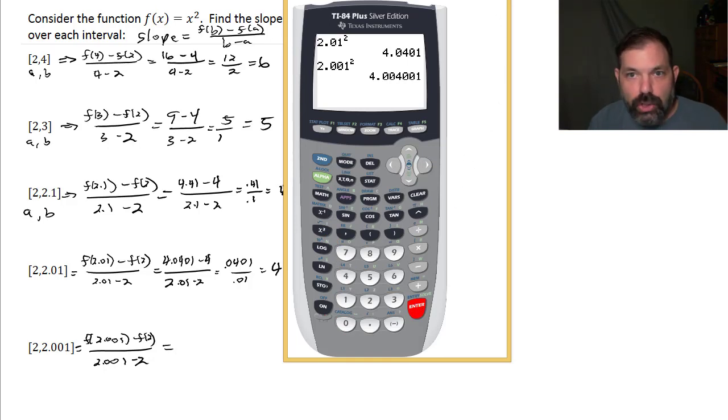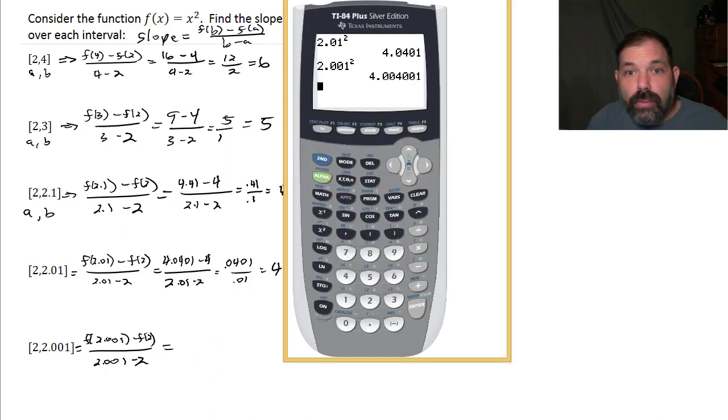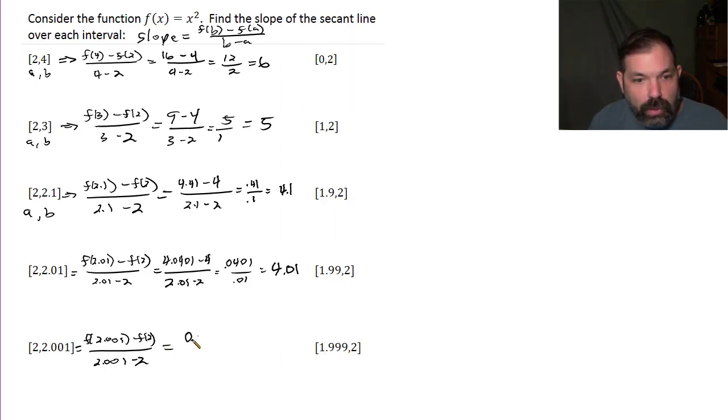We do the subtractions, so subtracting 4 from that, 0.004001. 0.004001 over 0.001, and that ends up being 4.001.